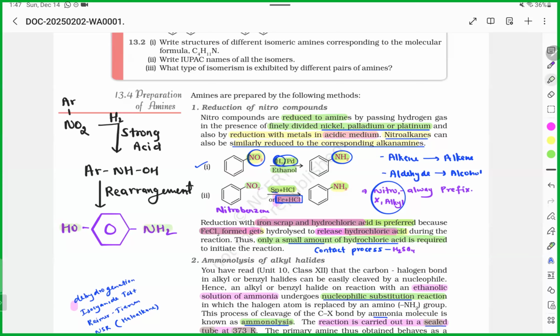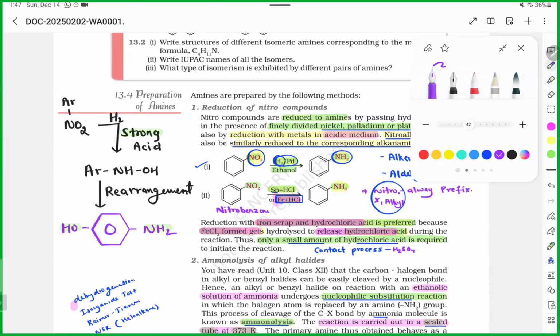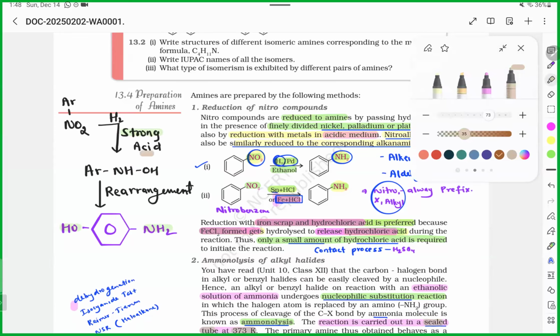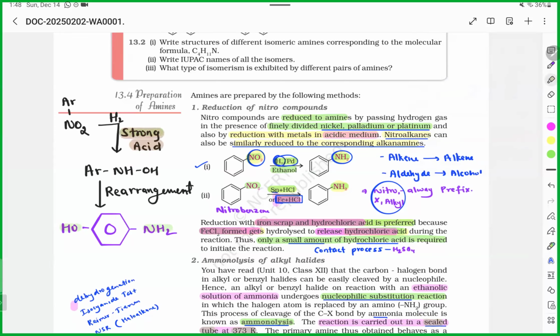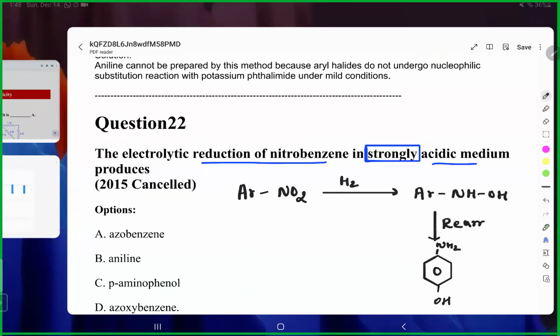Any doubt? Very important. Strong acid. Mark this thing.